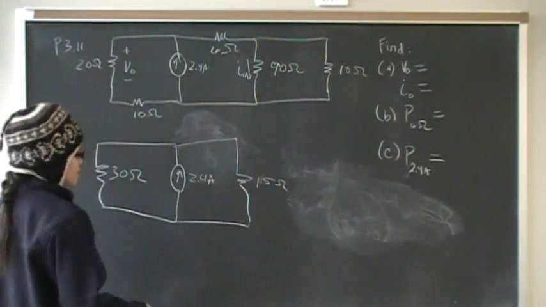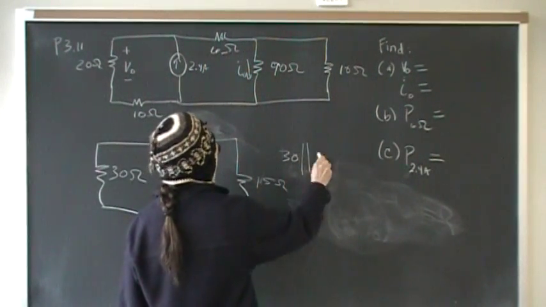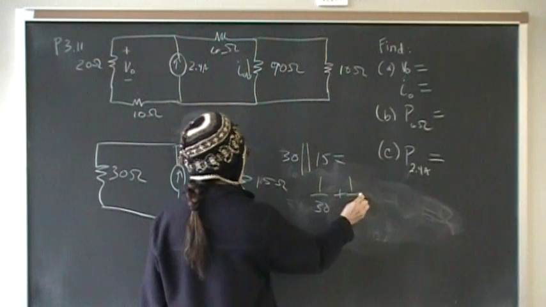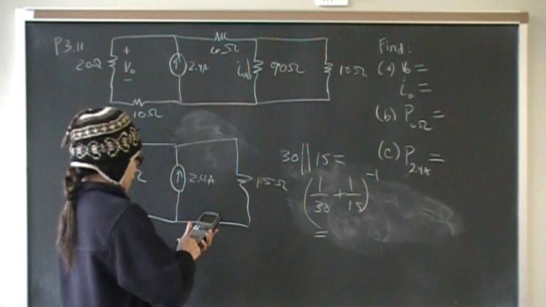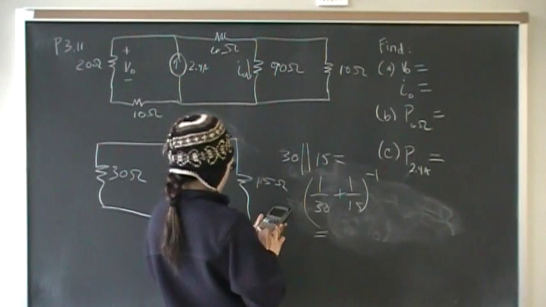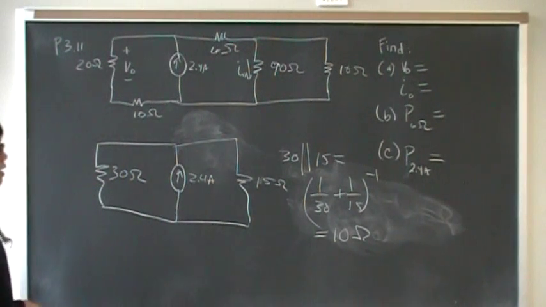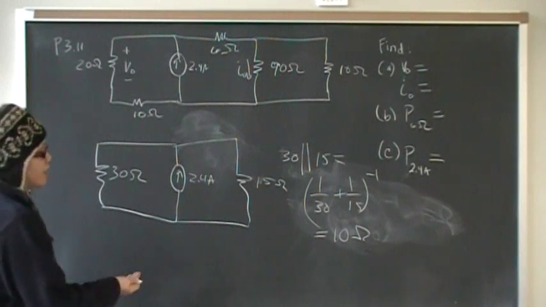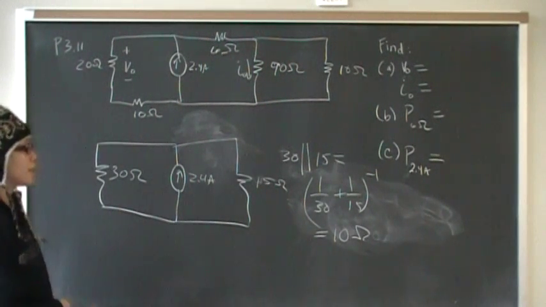We need to calculate the equivalent resistance first: 30 in parallel with 15, which is (1 over 30 plus 1 over 15) inverse. My equivalent resistance is 10, and on an exam you just want to do a quick reality check. 10 is less than either one of those, so that's a pretty good indication that you didn't make any calculator mistakes.